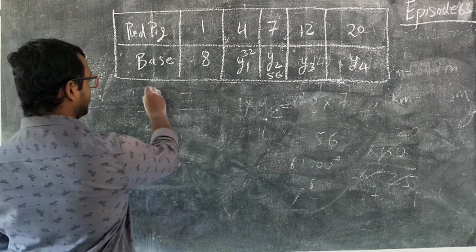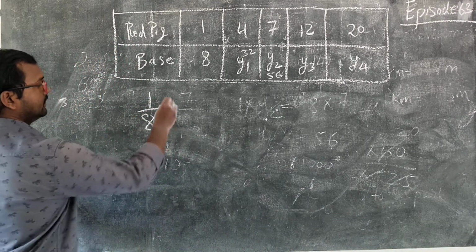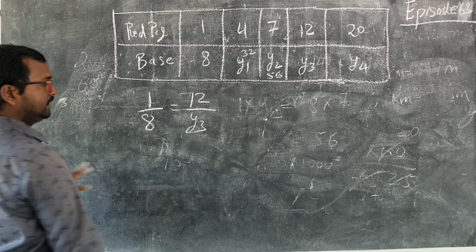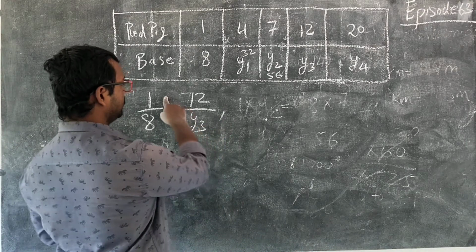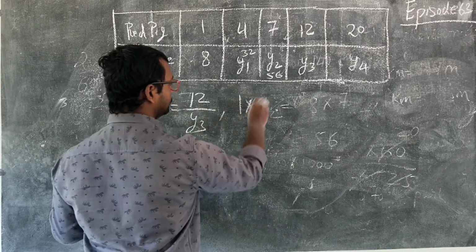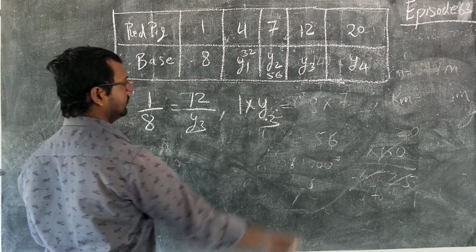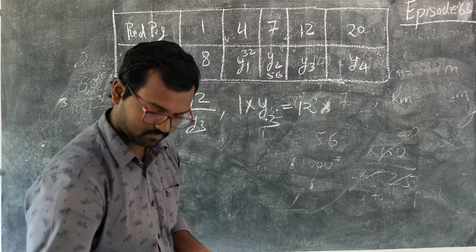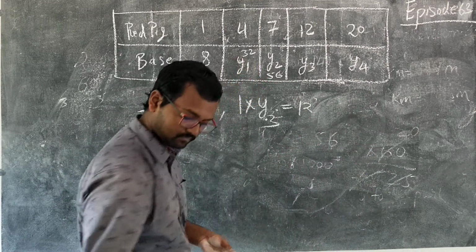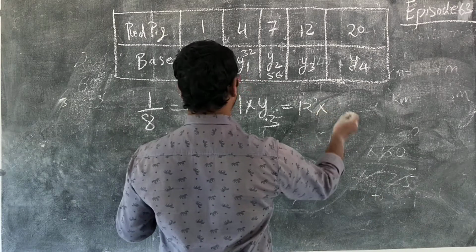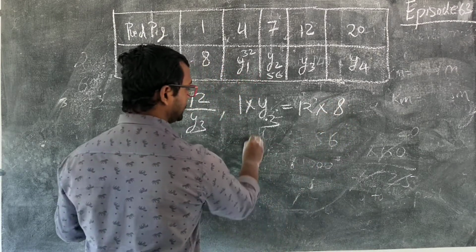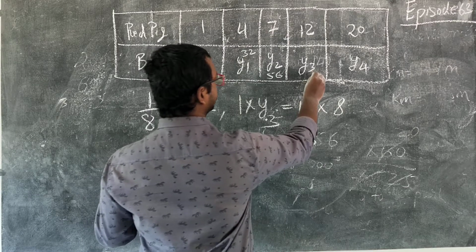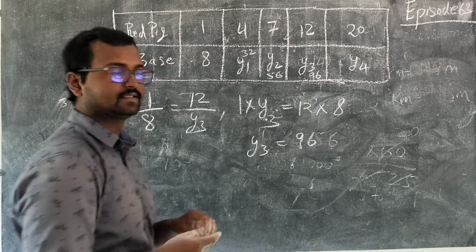Next, 1 by 8 is equal to 12 by y3. Here we want to find the value of y3. So y3 has to move here and 8 has to move here. So 1 into y3 is equal to 12 into 8. 1 into y3 is y3. 12 into 8 is 96. So here we get 96.